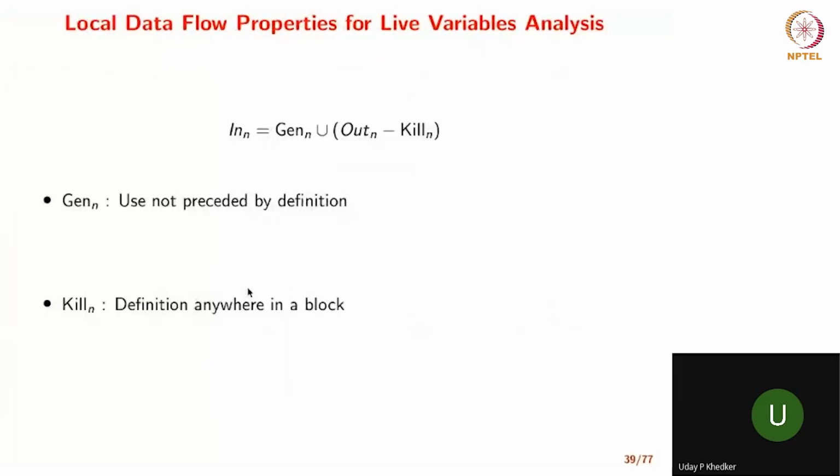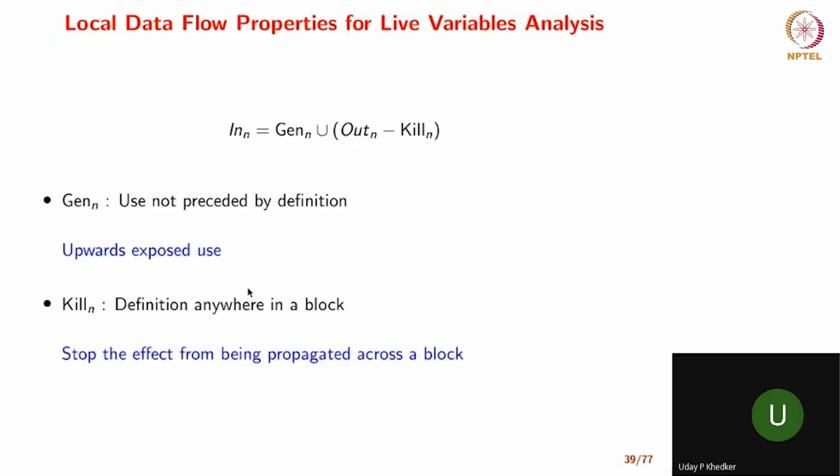So to understand the effect of these equations, what are the local data flow properties? Our local data flow properties are gen and kill. Gen is a use not preceded by a definition. Gen contains variables that are used, where the use is not preceded by a definition of the same variable. Kill says there is a definition anywhere in a block.